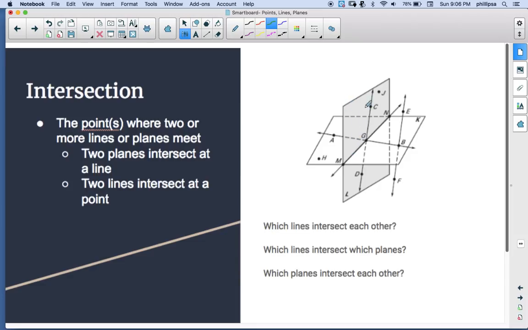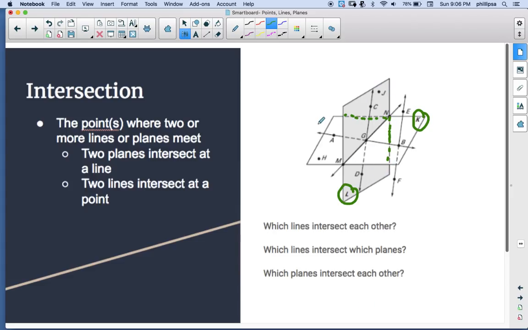So I kind of have this shaded plane here, plane L, okay? And then I have the unshaded plane, plane K. And I again see those dashed lines, signifying again that there is something that's passing through each other or intersecting each other. So two planes can intersect.